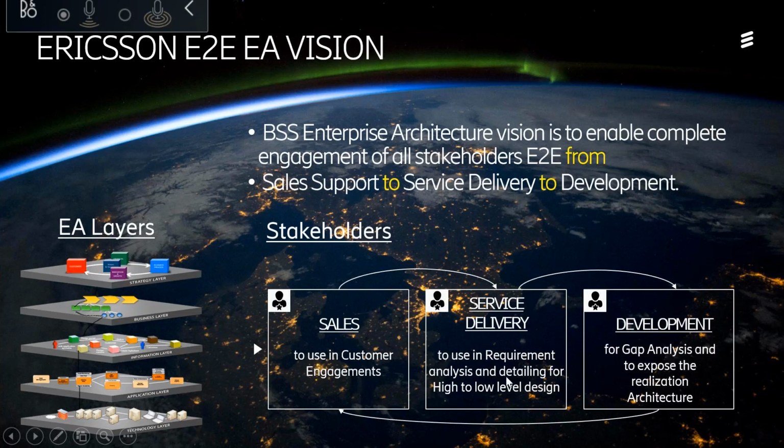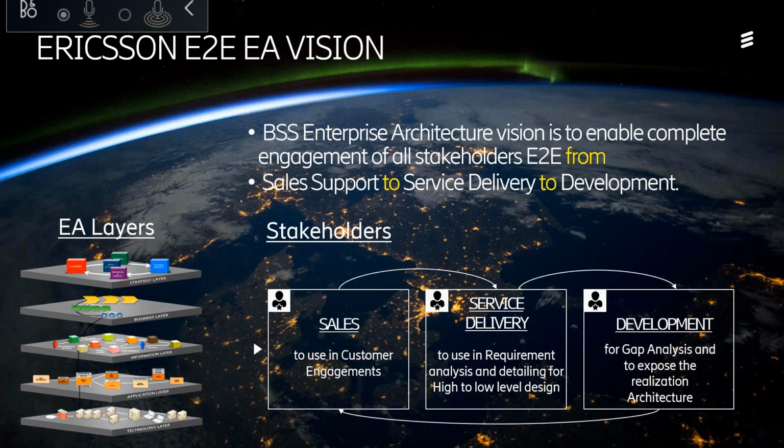When sales and service delivery are done, we bring in the next stakeholder, which is development. Here we take the high-level and low-level design, where we would already have provided the realization architecture to them.